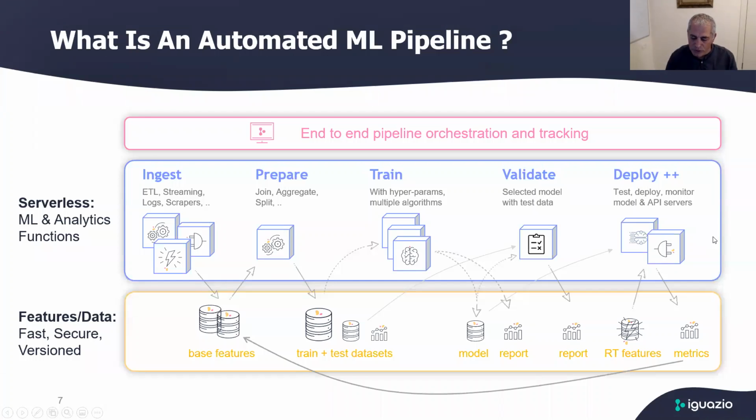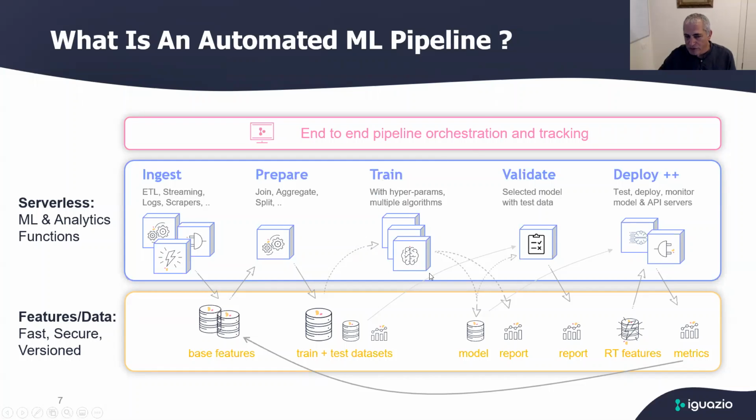So essentially, if we look at the machine learning pipeline, that's how it looks in a generalized form. So we have ingestion, which is essentially bringing data from all those discrete and various sources, ETL, streaming, logs, scraping. We need to bring that into some sort of a pile. Later, we need to prepare that data and then contextualize it and build feature vectors.